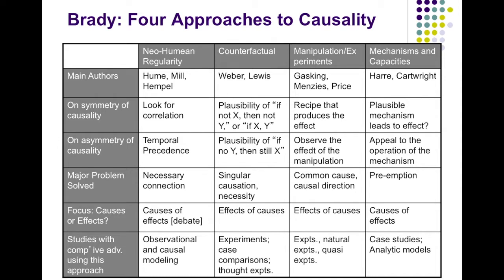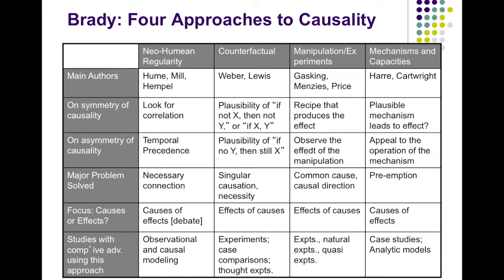Okay, so let's start off with the first column on the left, what Brady calls neo-Humean regularity theory. Hume was a famous philosopher of science. He had a long and lasting influence on the way that people think about science, explanation, and prediction. The modern variant of Hume's thinking is found among people, many of them in statistics, who look at correlation.